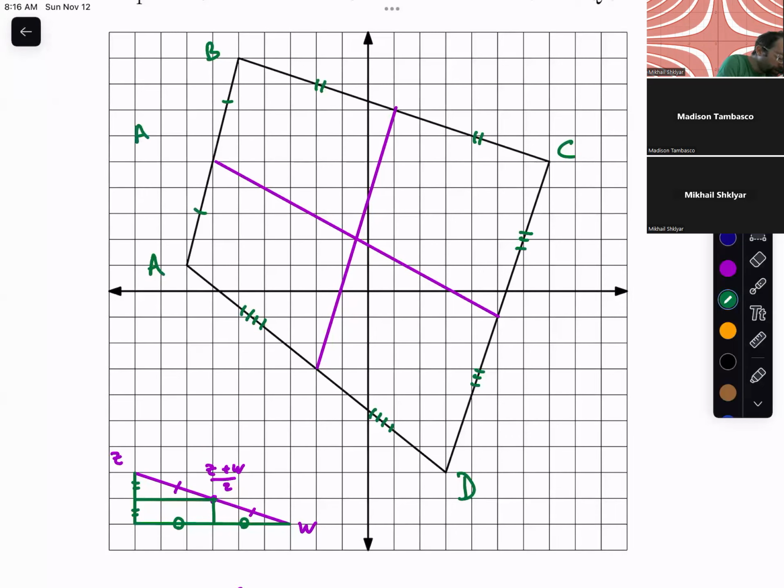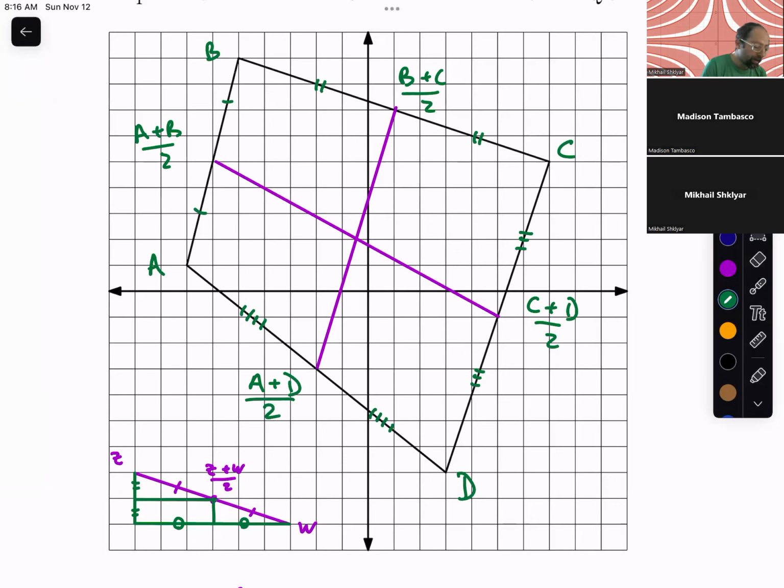So this is a plus b over 2. This is b plus c over 2. This is c plus d over 2. And this is a plus d over 2. Remember, a, b, c, and d are not names. They are complex numbers. So a, b, c, and d each has two coordinates, real and imaginary parts. Okay? So these are complex numbers.